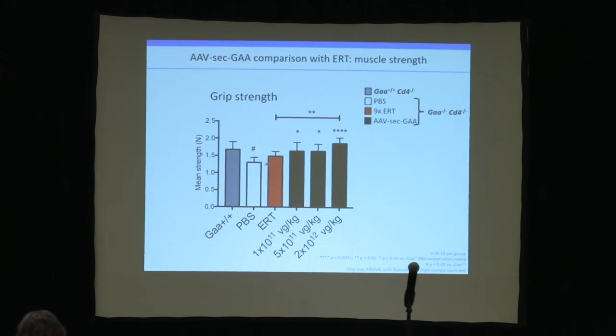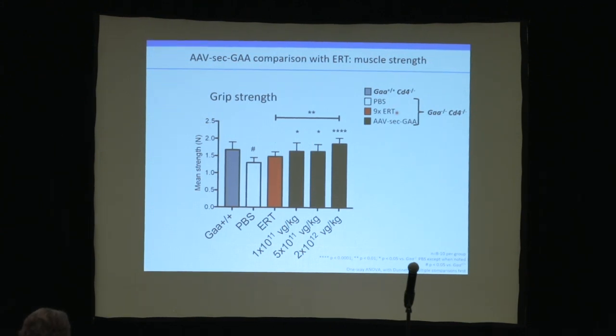And then with ERT, we observed some amelioration. But then with the vector, starting from the lowest dose, in fact, 1 times 10 to the 11, we observed a complete normalization of the grip strength, which is very good news, actually.